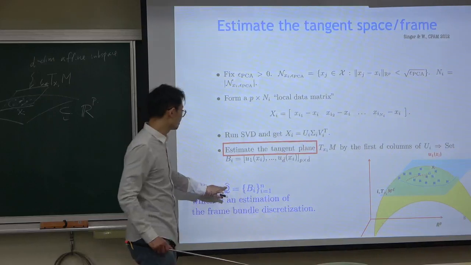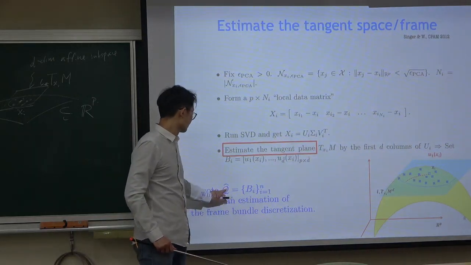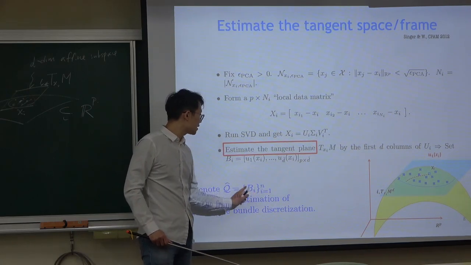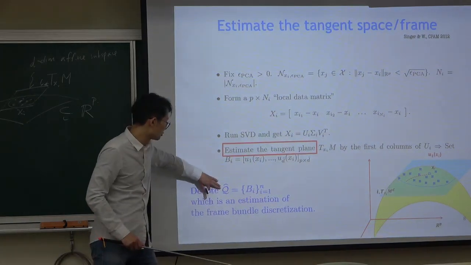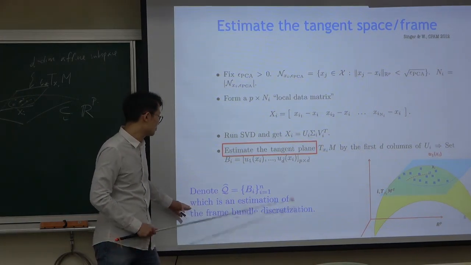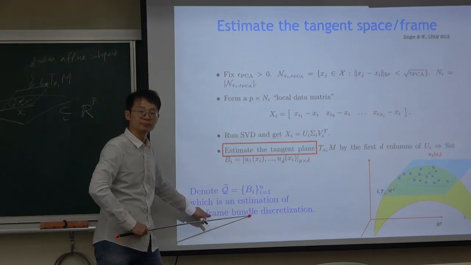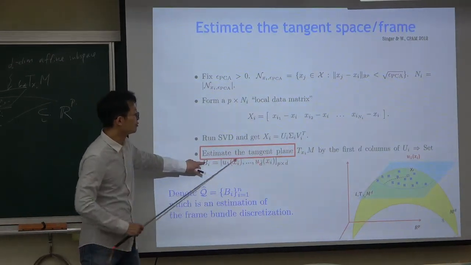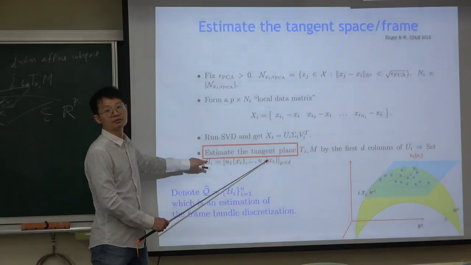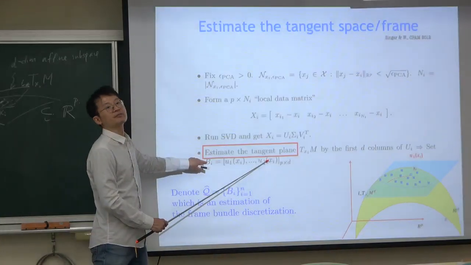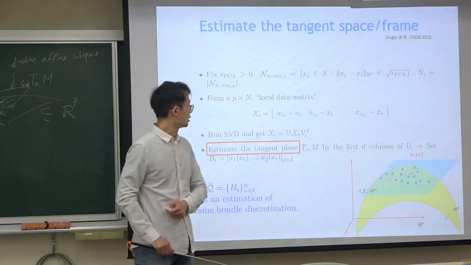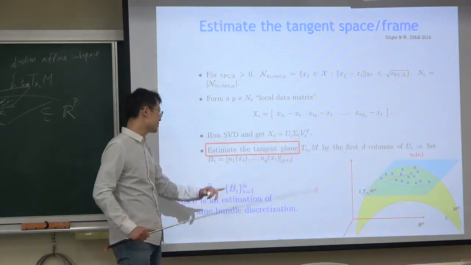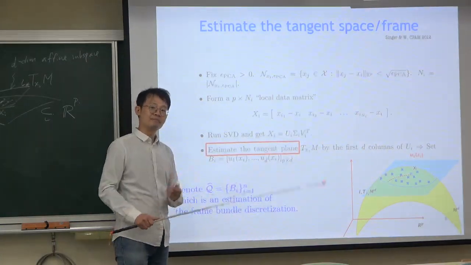Okay, so Q hat is a collection of B_i from all the sampling points. Q hat is actually an estimation of the frame bundle discretization. And if you do all possible rotations of these d singular vectors, you can recover and estimate the frame bundle. And the span of the basis B_i will be an approximation of the embedded tangent space.